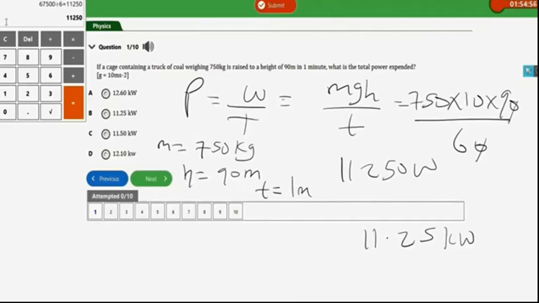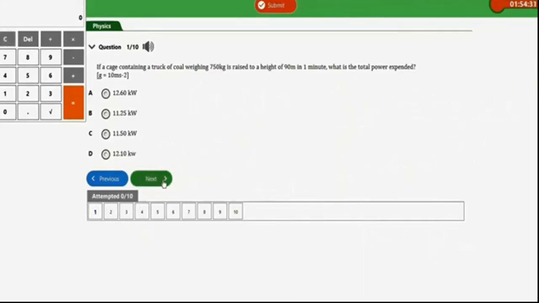Let's wipe this now and solve the next repeated question. It says, if a pump is capable of lifting 5,000 kg of water through a vertical height of 60 meters in 15 minutes, the power of the pump is?